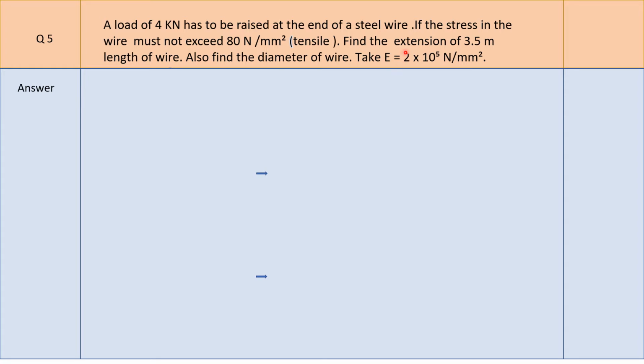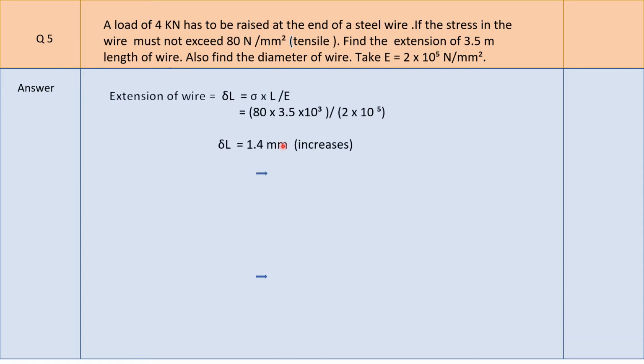Now what is asked is the extension of wire, that means delta L, and we have been given the sigma. So let us use the formula which is having sigma in the formula. So extension of wire delta L is equal to sigma into L divided by E. This is the formula which we are going to use.